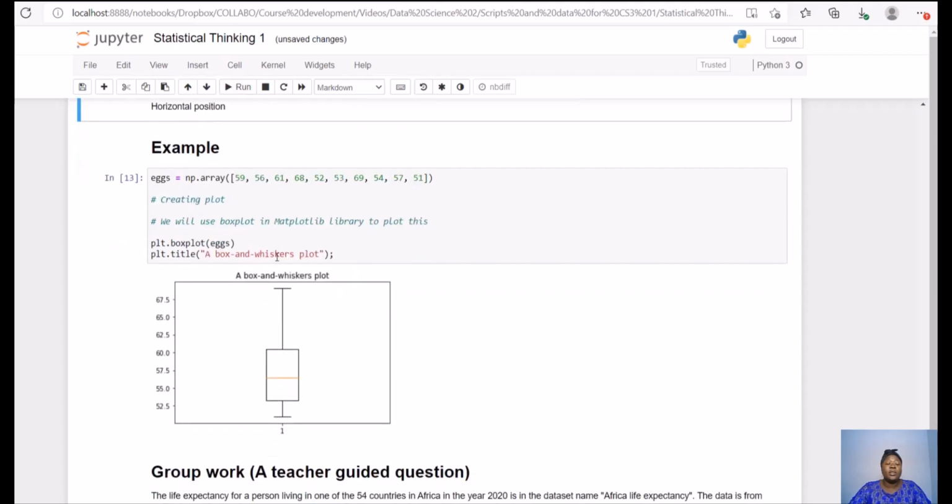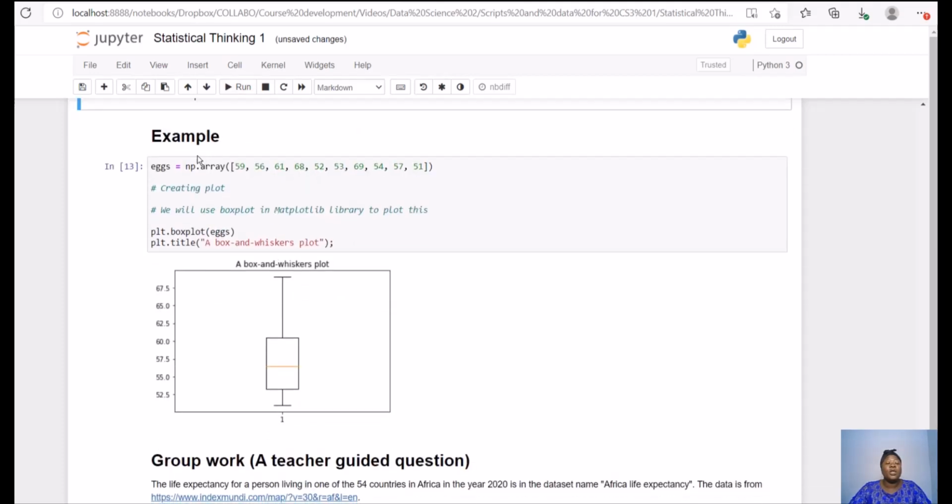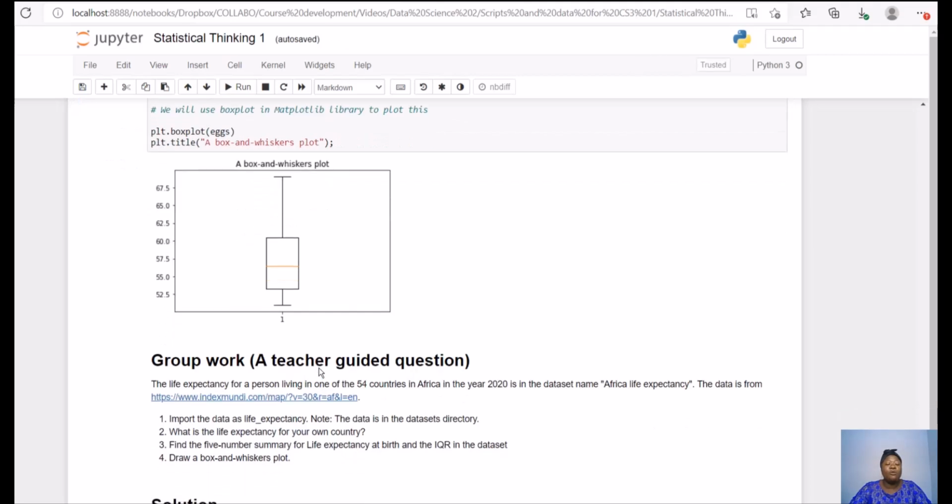Wow, so we can see the box plot for the egg laying problem, and we could see the highest whisker here indicating the highest number, and then we also have the lower whisker here, and the middle value is here, and we could also always trace it back to our y-axis so that we get the exact value of what we are looking for.